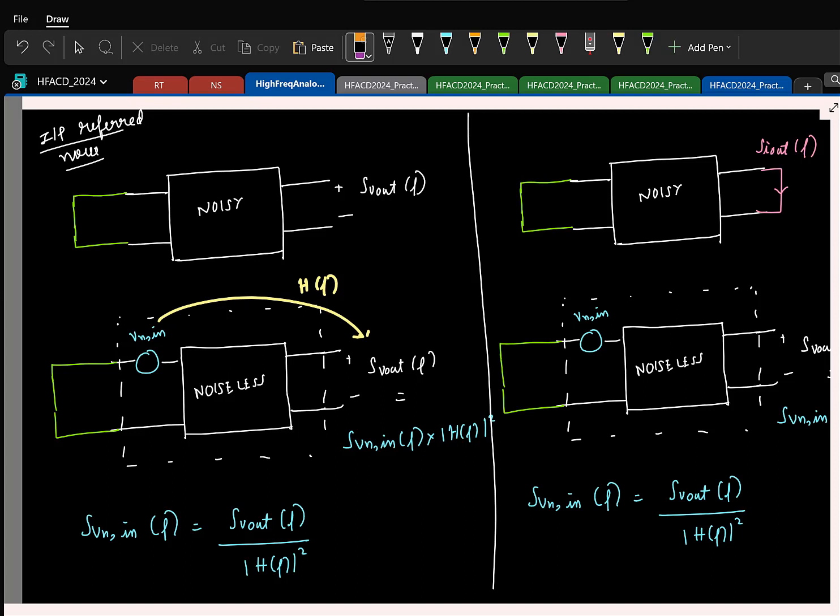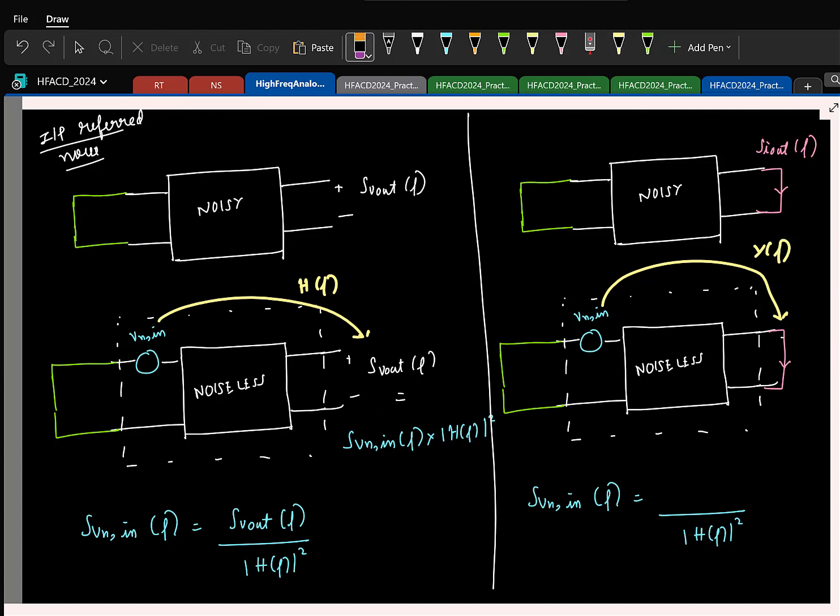So which means I should look at the same guy here. Here the transfer function we are looking at is from the input voltage to the output current. So what will be the units of the transfer function? Output is current, input is voltage, admittance, so it's some y of f.